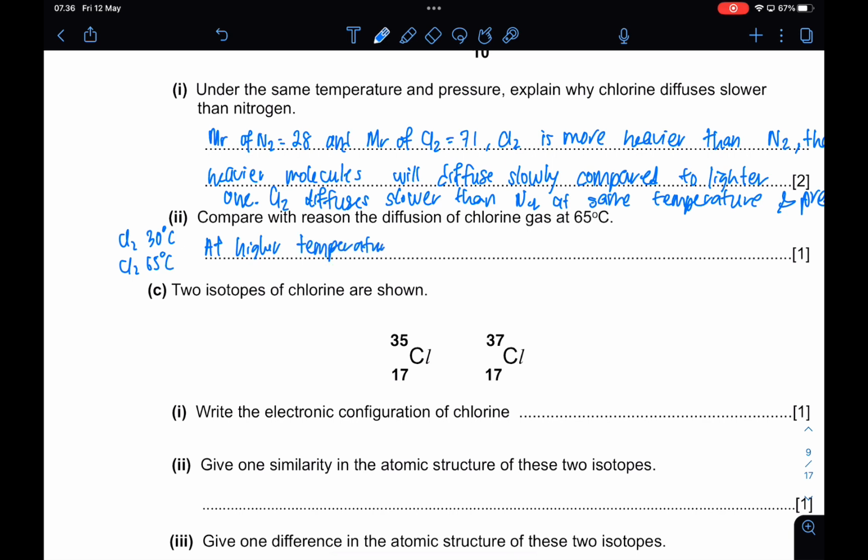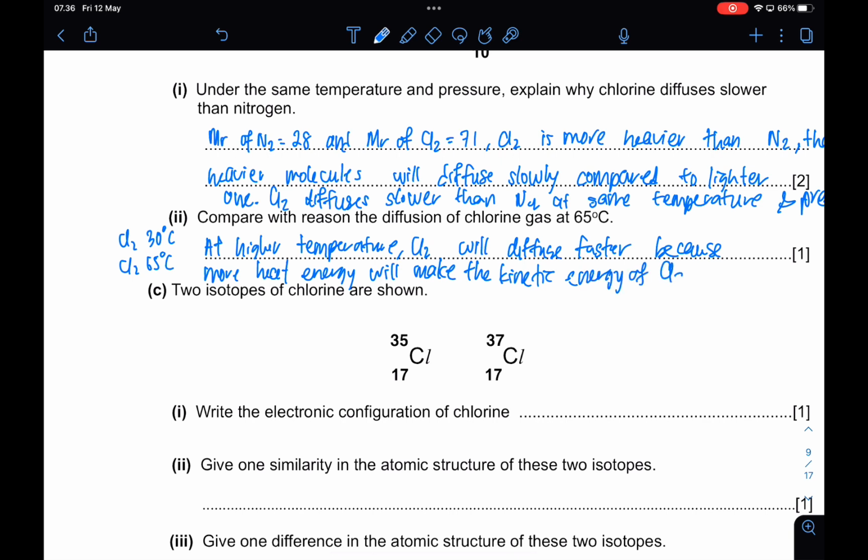So it means that at higher temperature, chlorine will diffuse faster because more heat energy will make the kinetic energy of Cl2 greater, making them able to move faster and diffuse easily.